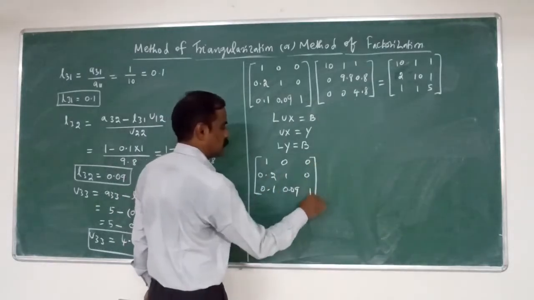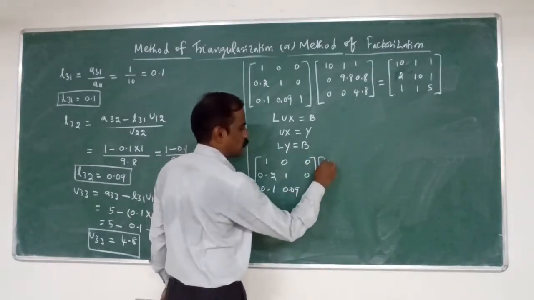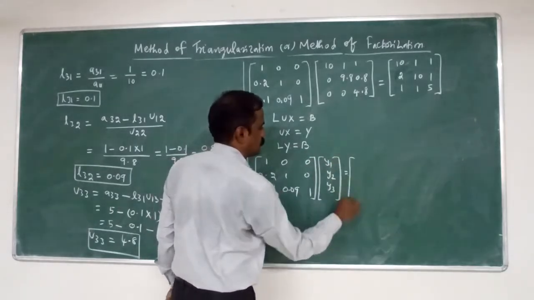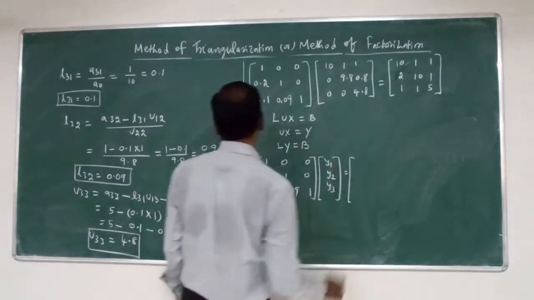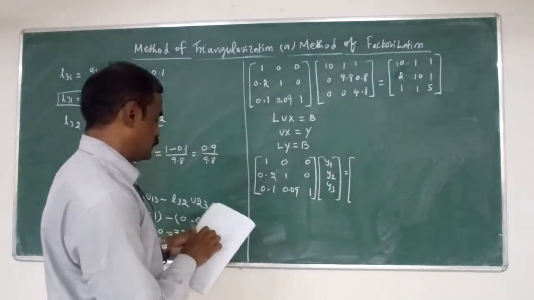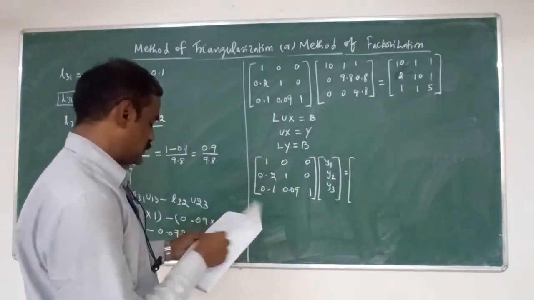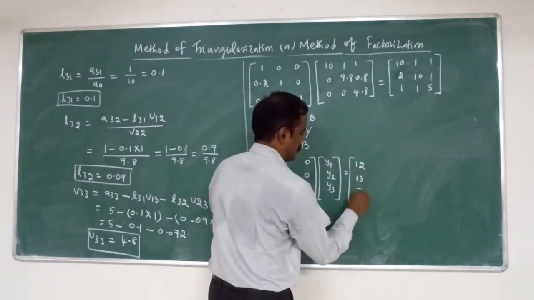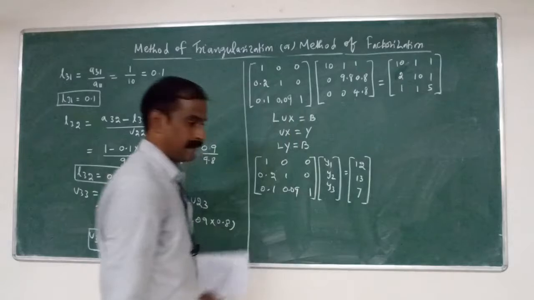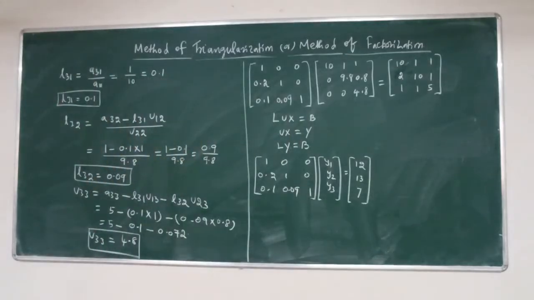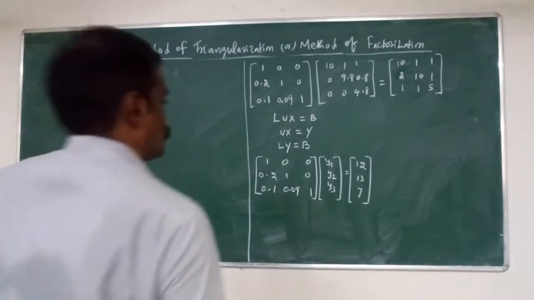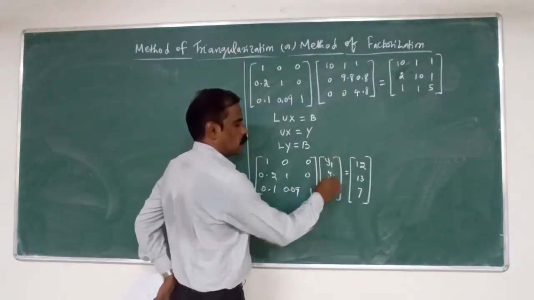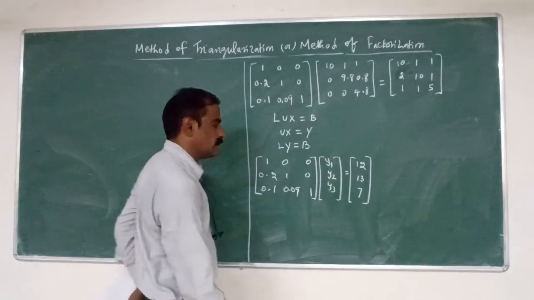This is the L value, and instead of Y we can use Y1, Y2, Y3 equal to the B value we already saw: 12, 13 and 7. First, to find out the Y1, Y2 and Y3 values.